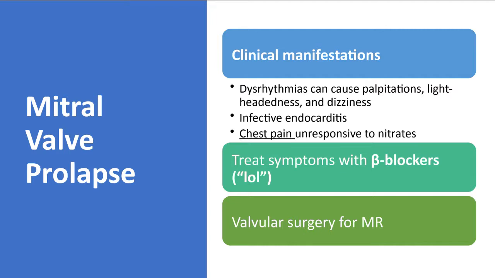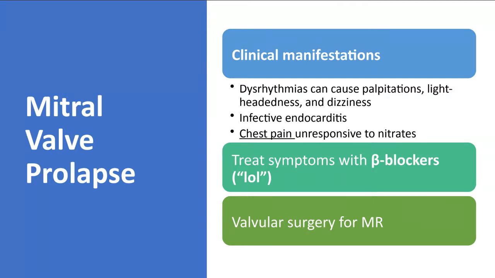Okay, so I want you to know we might use nitro, but usually it doesn't relieve the chest pain. And it probably has to do with the papillary. They can have hypotension for sure with the nitrate, because the nitrate causes vasodilation.